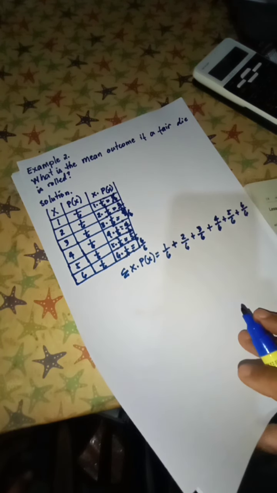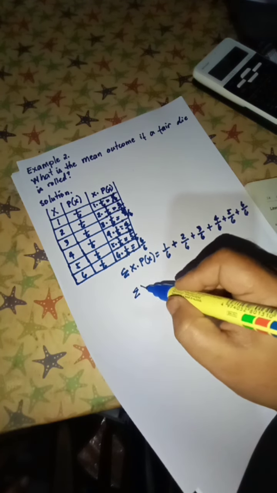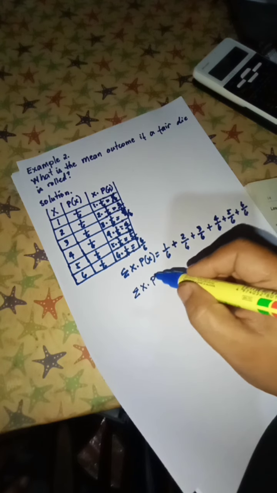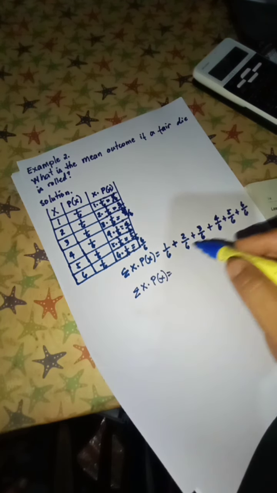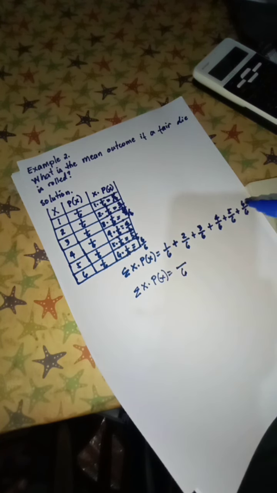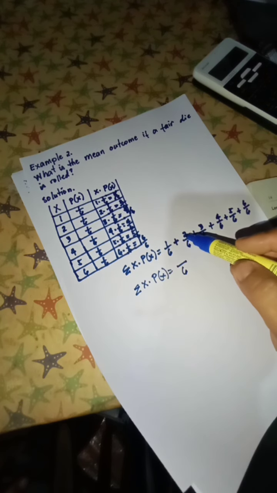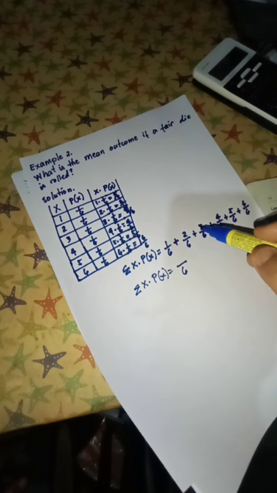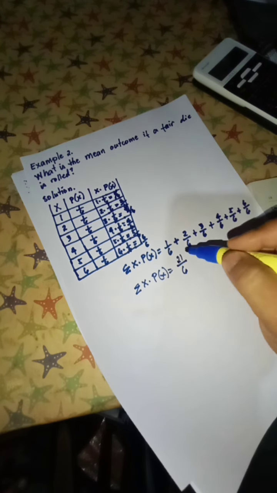Okay. So, now, summation of x times p of x. So this is similar fraction. We just copy the common denominator and add the numerators. 1 plus 2 is 3, plus 3 is 6, 6 plus 4 is 10, 10 plus 5 is 15, 15 plus 6 is 21.